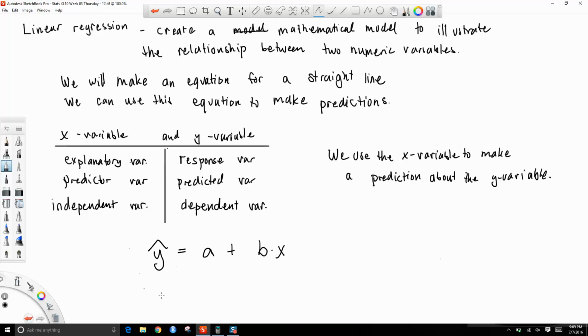Y hat means this is our prediction for y, or predicted y. A is our intercept, and b is our slope.